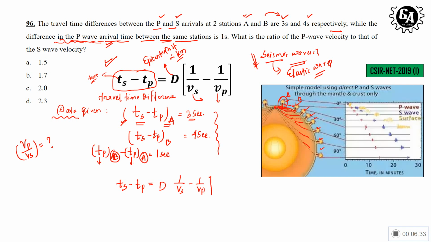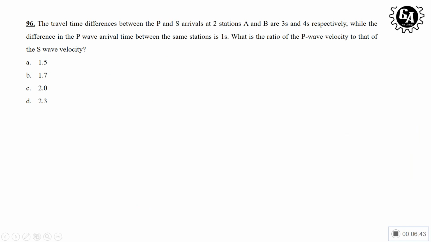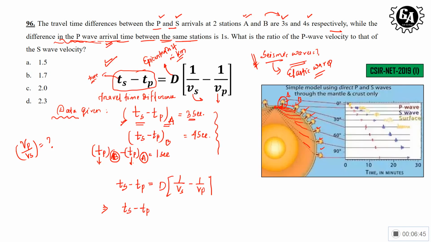This Ts minus Tp is actually the main formula, and we have to derive some other expressions from this main formula in terms of P and S wave velocity.